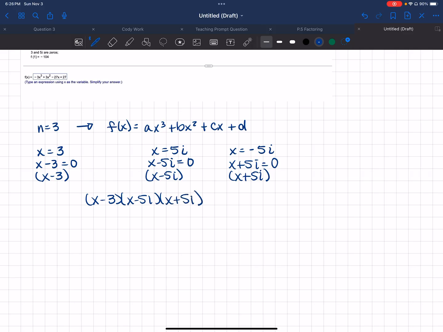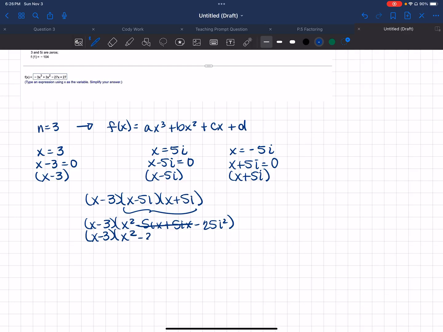Okay, well, I'm going to take care of the minus 5i, plus 5i first. So that's x minus 3 times x squared minus 5ix plus 5ix minus 25i squared. That's going to give me x minus 3 times x squared. The minus 5ix and the positive 5ix are going to zero out.